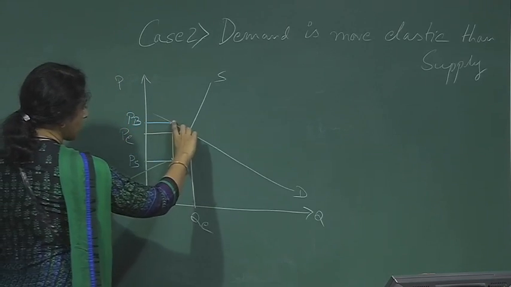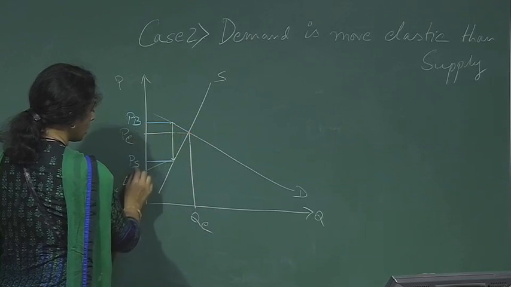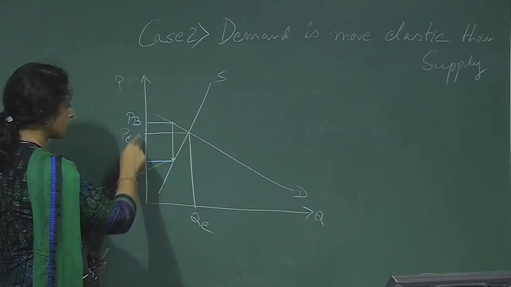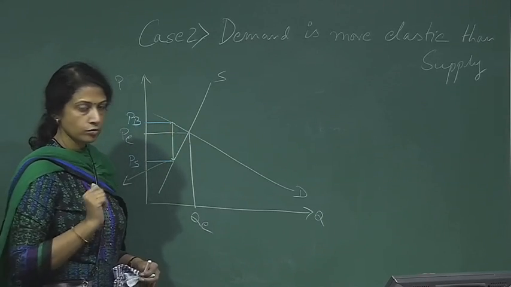So the tax creates a wedge which is split up between the seller and the buyer, and these are the price that the seller gets, and the price that the buyer pays, and the difference is basically the amount of the tax.